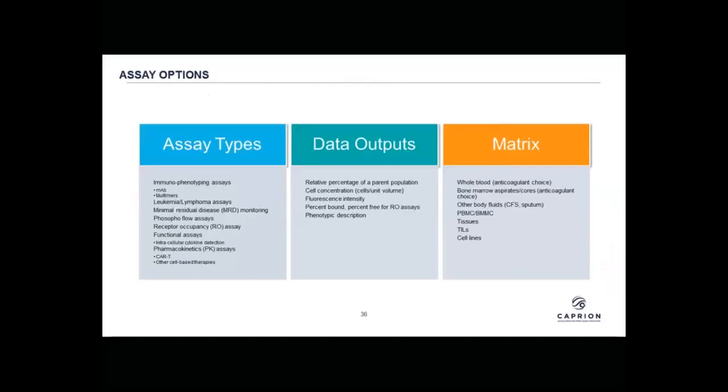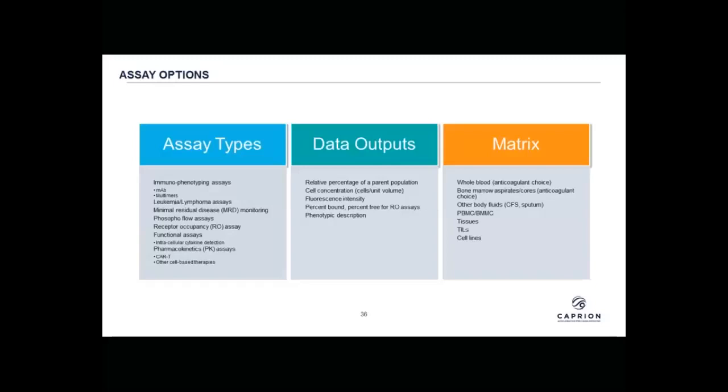In clinical labs as well as in drug development, mainly we look at immunophenotyping by monoclonal antibodies or multimers, leukemia lymphoma assays, minimal residual disease, phospho, receptor occupancy, or functional assays, as I mentioned, intracellular staining. We also are now doing pharmacokinetics. We're looking for those cellular drugs.